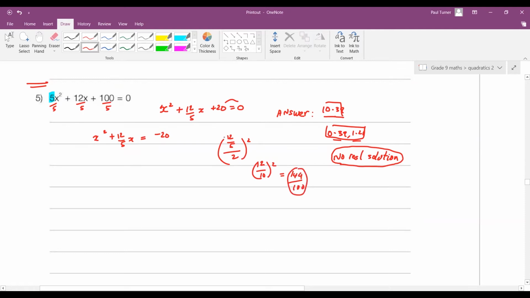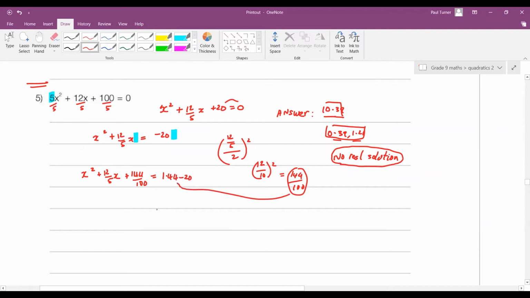Okay, so that's the number we add here and here. So you don't have to go very far with this question actually to see you can't solve it. So x squared plus 12 on 5x plus 144 on 100 equals 144 on 100, that's 1.44 minus 20.